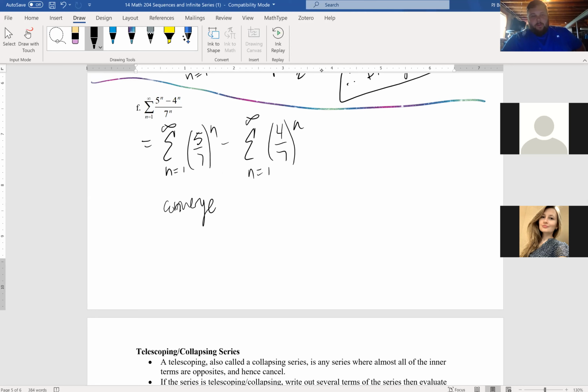And the thing I wanted to point out was if one of them didn't converge, if one was divergent, then the original series also would diverge. So say instead I gave you this one to start, and you broke it up into 2 parts.